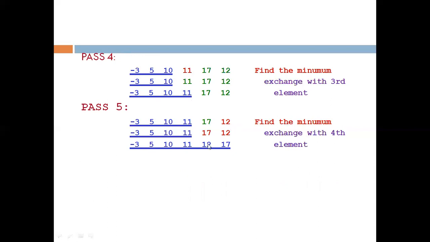So again, swapped. So 12 is at its appropriate place. And definitely, if we have only the last position, then no need to find the minimum, because it will be only the largest value. That's why the other values are stored in their appropriate places. So the last element will be at the last position.